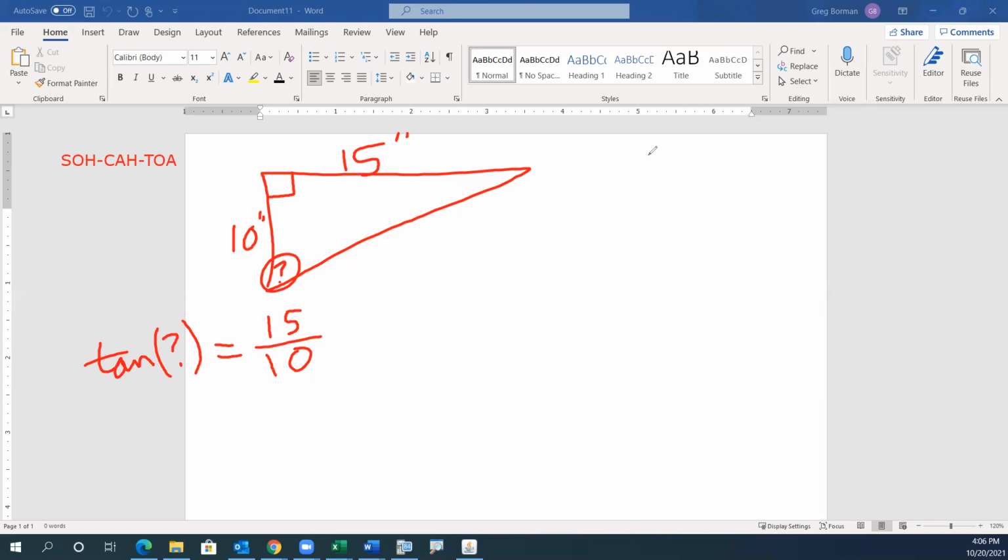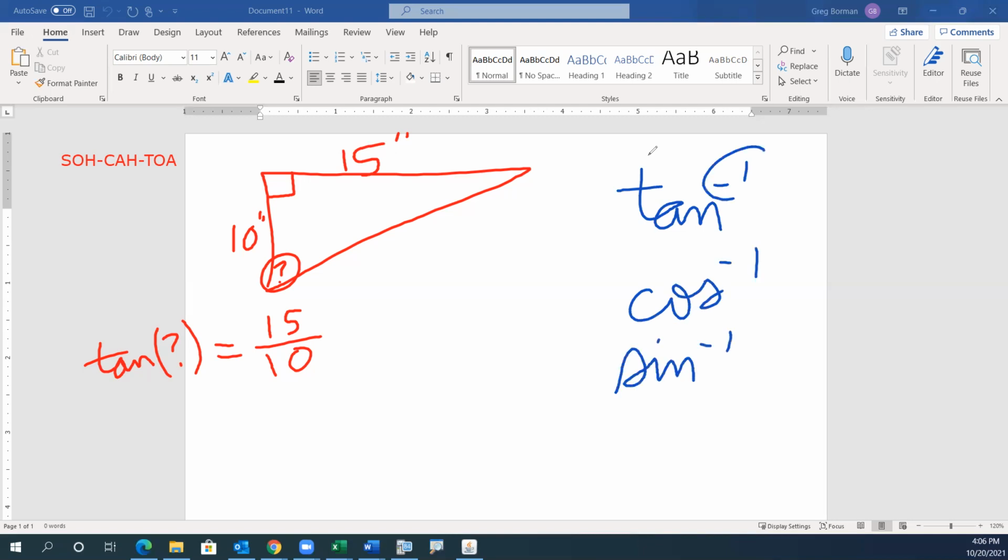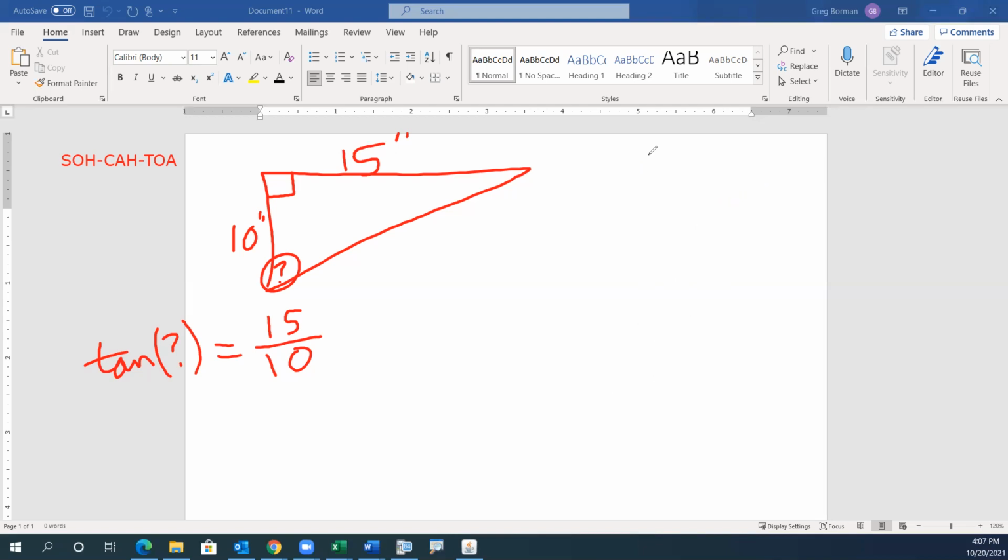So what's the opposite of tangent? It's what's called tangent inverse. The opposite of cosine is cosine inverse. The opposite of sine is sine inverse. And that -1 just designates it as the inverse function.